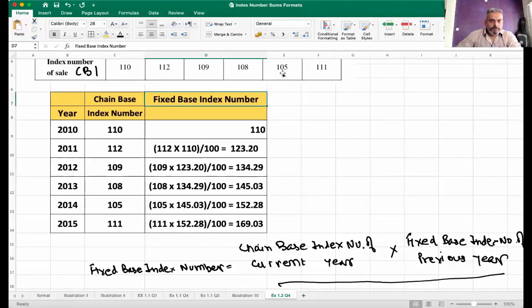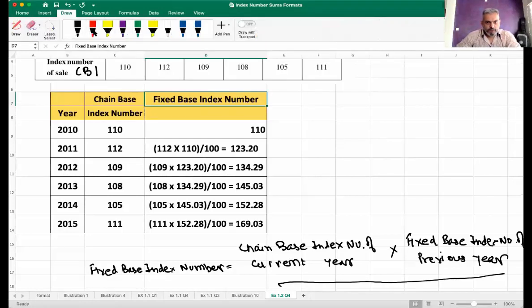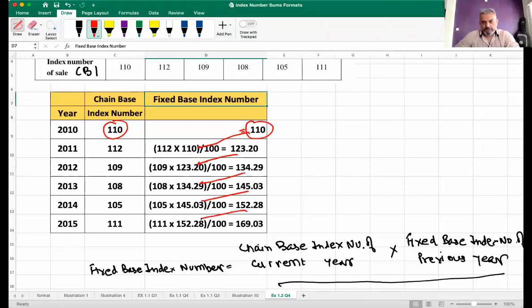Again, you can see over here that the initial year is very important. So this is 110 and this is also 110. Directly we take 110. Then 110 comes over here. Then 123.20, 134, 145 and 152.28.